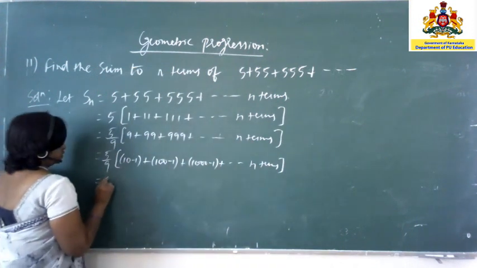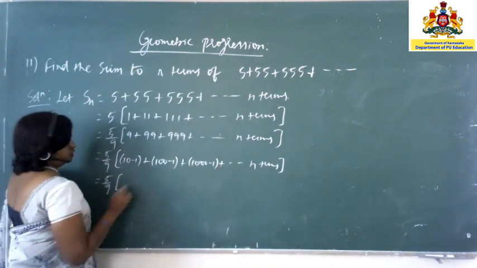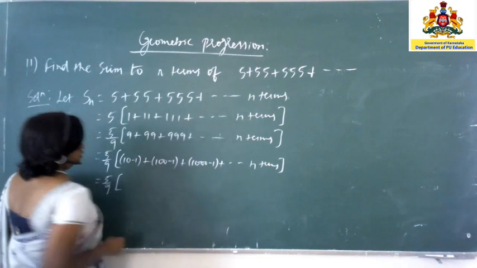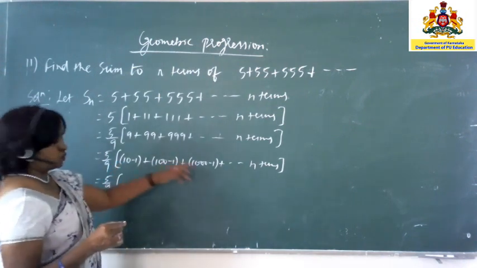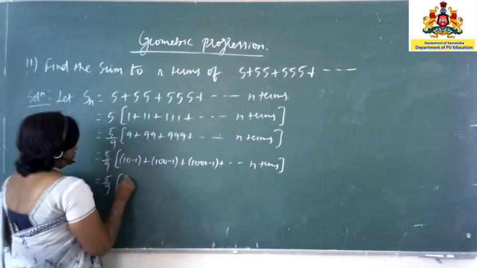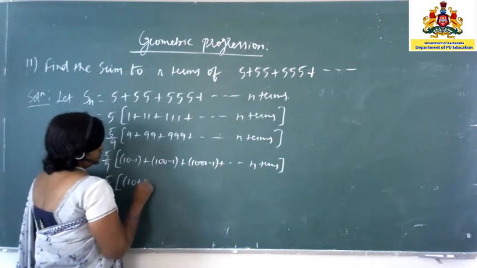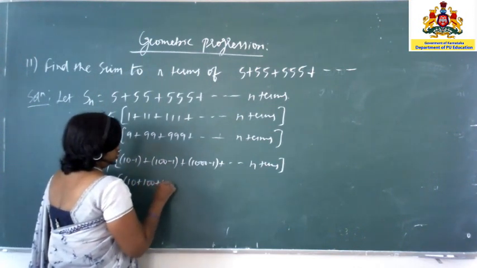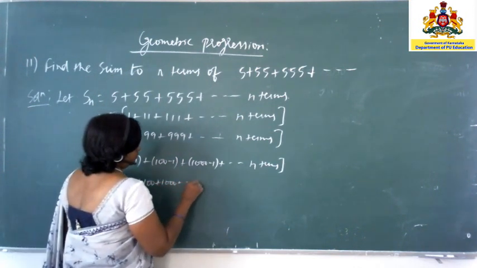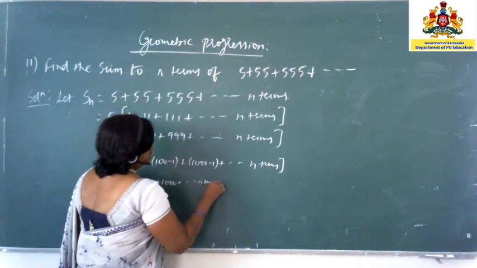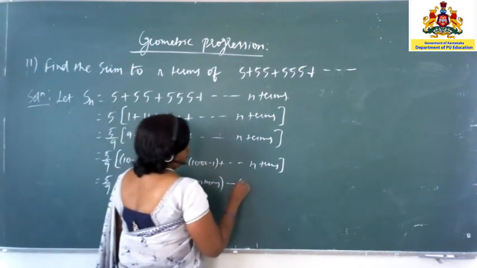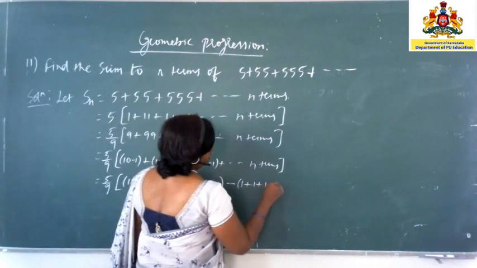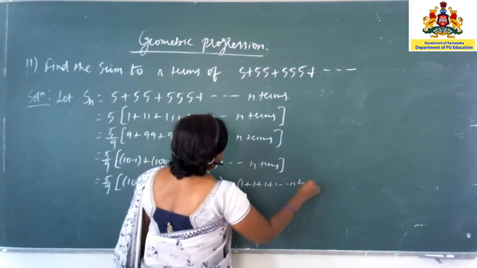Now this is equal to 5 by 9 into, all these are factors of tens, so you group them together. So that is 10 plus 100 plus 1000 plus so on up to n terms, minus 1 plus 1 plus 1 plus 1 so on up to n terms.